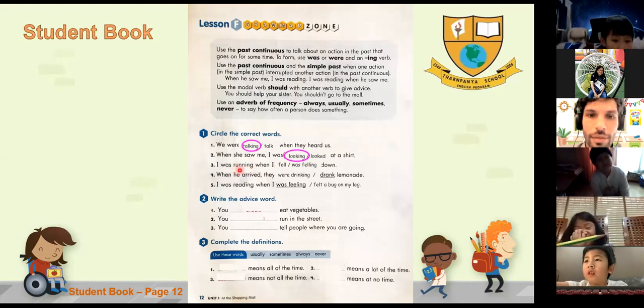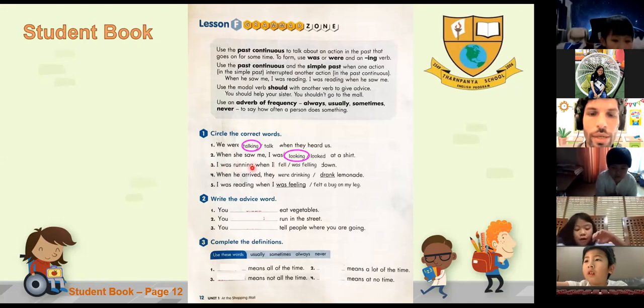I feel. Feel. Okay, I fell. We pronounce this word fell, okay? So here in the first part of the sentence, we use past continuous. We have a verb that ends with ing and the helping verb was in this case.